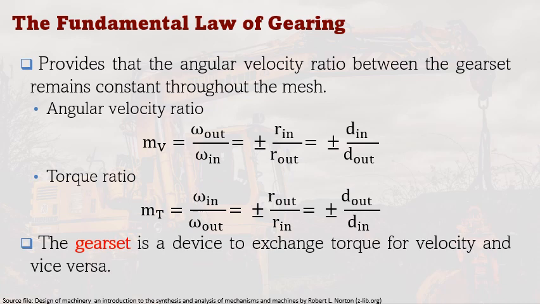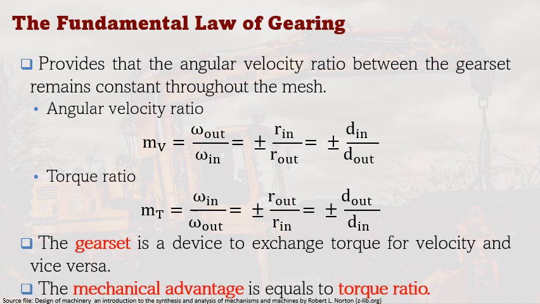Torque ratio is just the reciprocal of the velocity ratio. The mechanical advantage, on the other hand, is equal to the torque ratio. The mechanical advantage tells us how much you are able to change the given velocity to the required velocity.